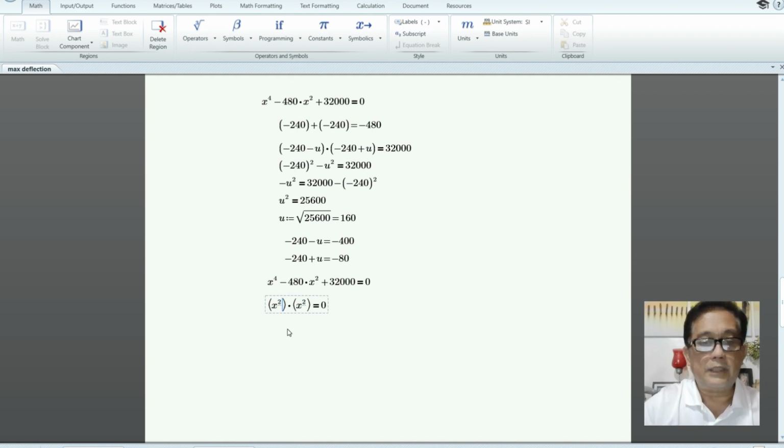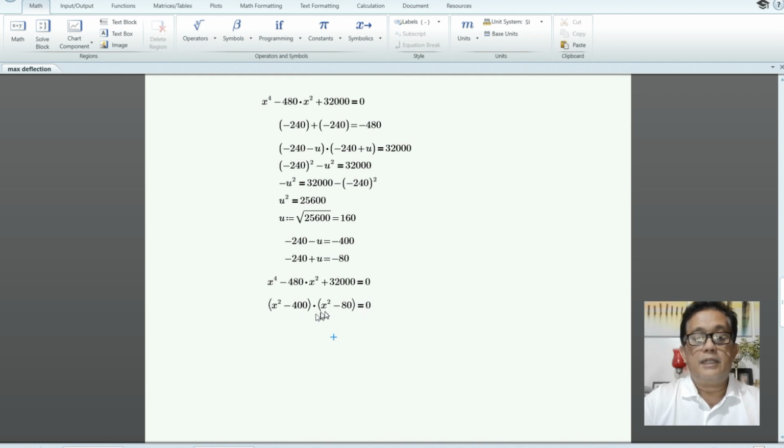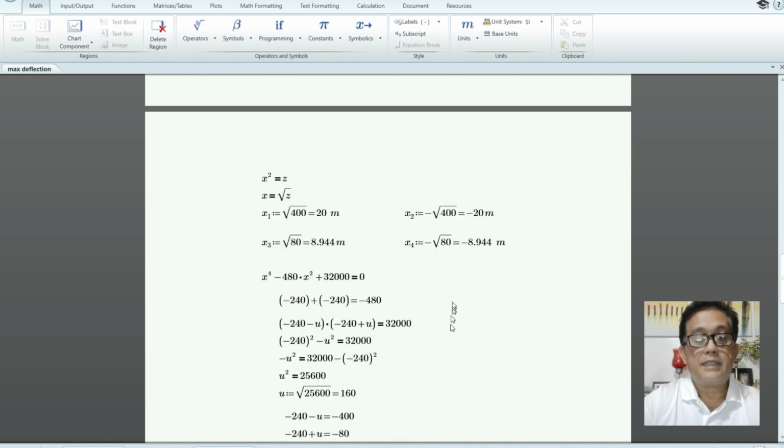And the factor of 32,000 is negative 400 and negative 80. When this product is equal to 0, either one of these factors is 0. So this can be 0 or this can be 0. And solving for x will have the same values as this one. We'll end up with x equal to 8.94 as our answer. So that's the second method.